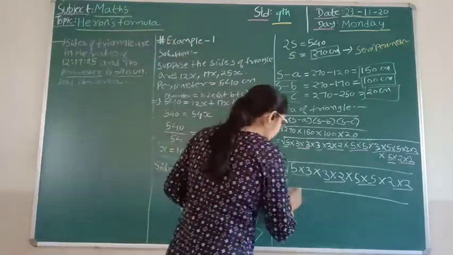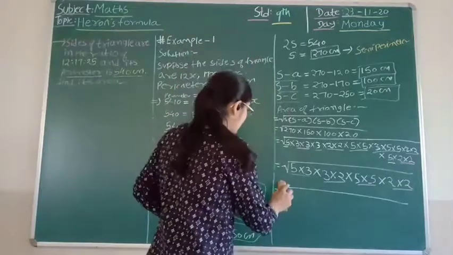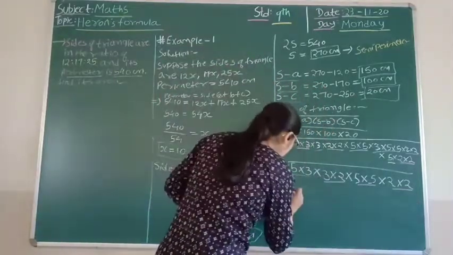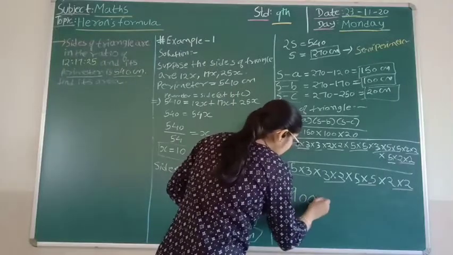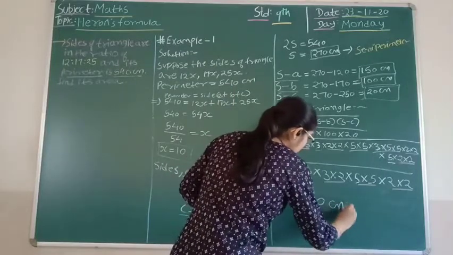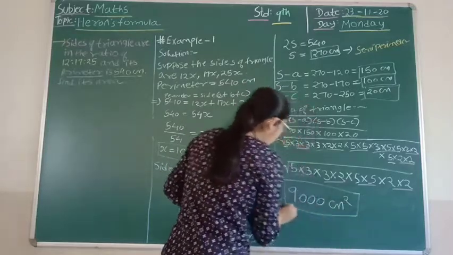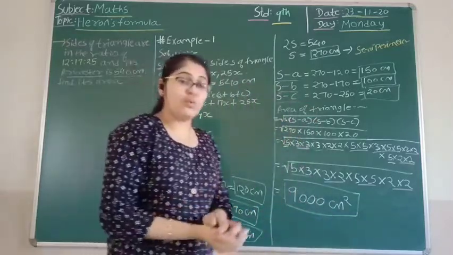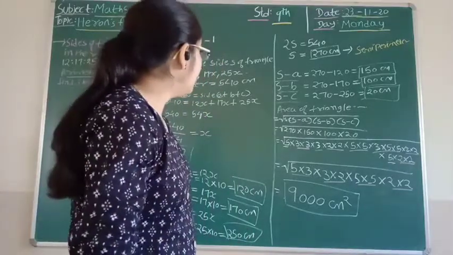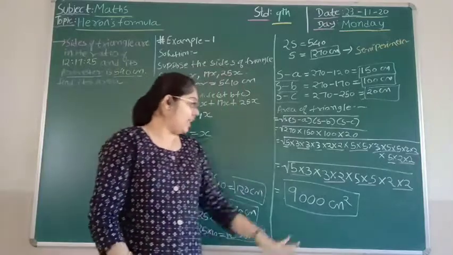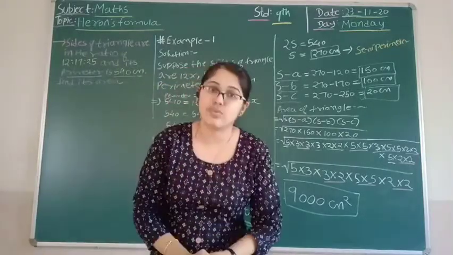Yes, the answer is 9,000. Remember, we'll write this as 9,000 centimeter square. And this will be your final answer. So with this, students, I can say that the area of the given triangle is 9,000 centimeter square.